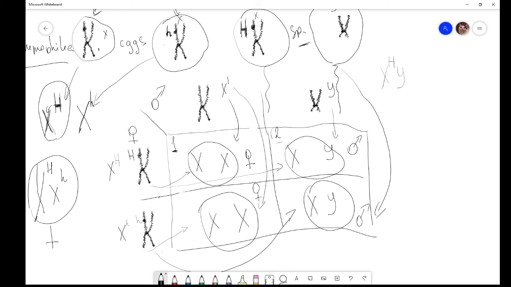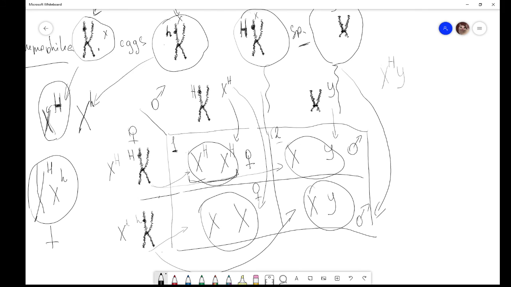Here, capital H from mother and the dominant allele from father. This is in all variants a healthy girl.